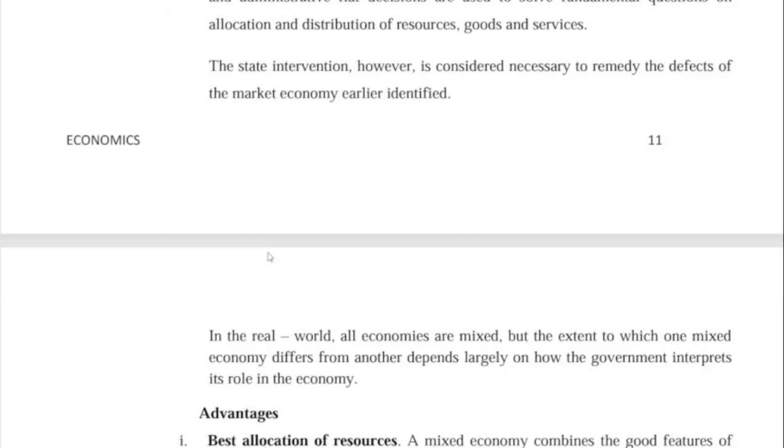In the real world, all economies are mixed, but the extent to which one mixed economy differs from another depends largely on how the government interprets its role in the economy. So there's no 50-50, and there's no 100-0 or 0-100.